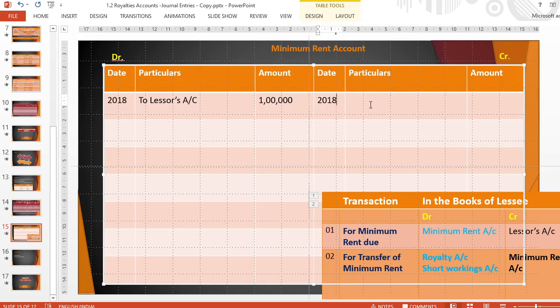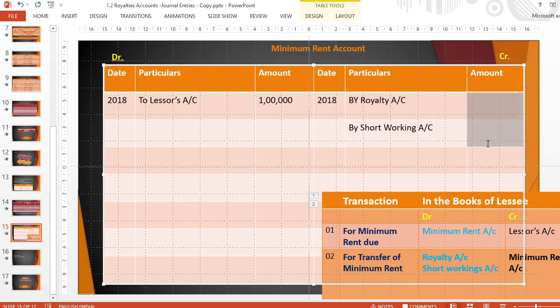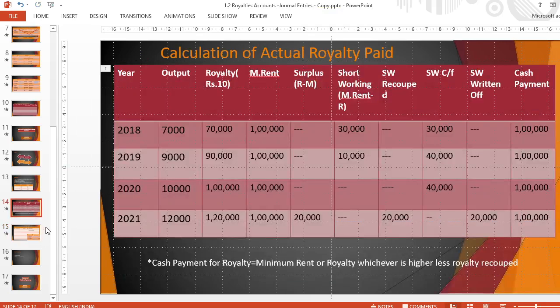Again the year 2018, by royalty account and by short workings account. Again, I need to record the amount, so I need to check the royalty table.